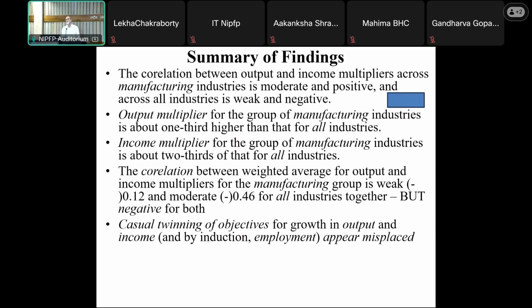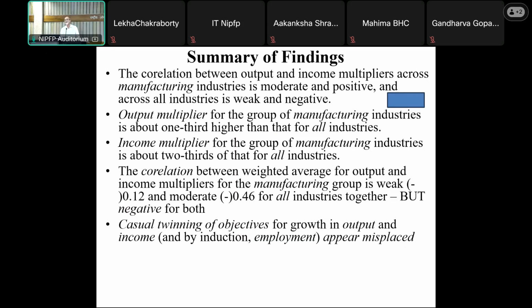I have not done that in the presentation, whether one can predict how the PLI scheme would go, whether it will actually lead to income generation or employment generation or not. But the PLI scheme tells you how much incentive people would be able to draw depending on certain criteria, and we can explain the outcome to a significant extent. What is the outcome that we are seeing in the PLI scheme?